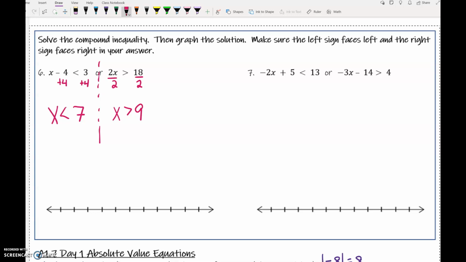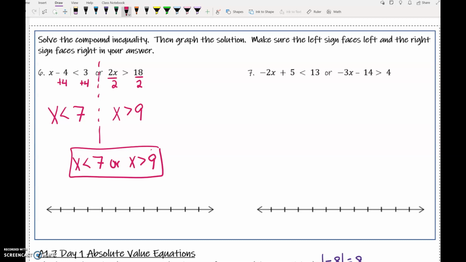Your answer is x is less than 7 or x is greater than 9. They're saying an acceptable x value could be smaller than 7 or it could be larger than 9. Anything between 7 and 9 is not okay. It has to be smaller than 7 or bigger than 9.